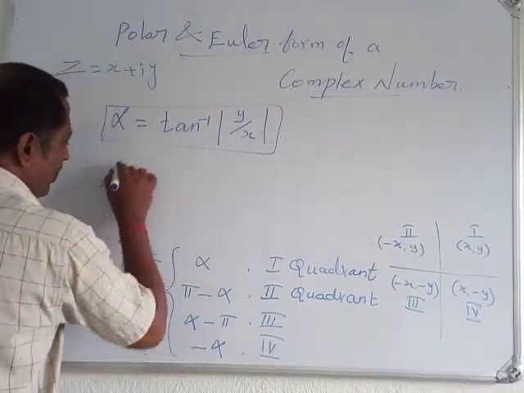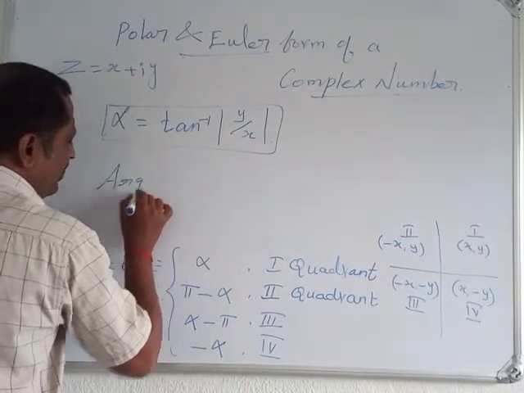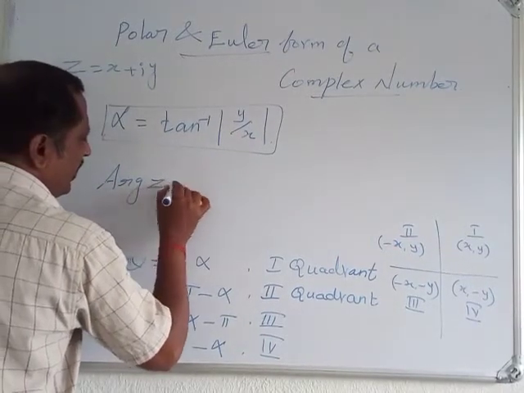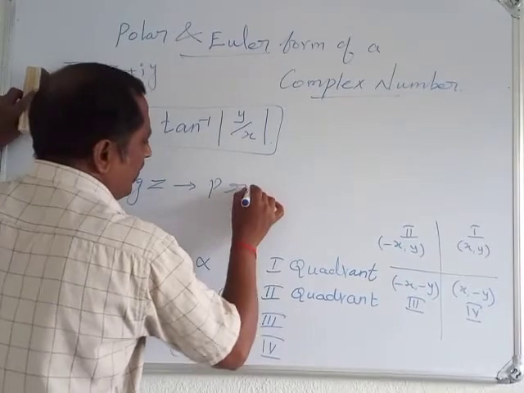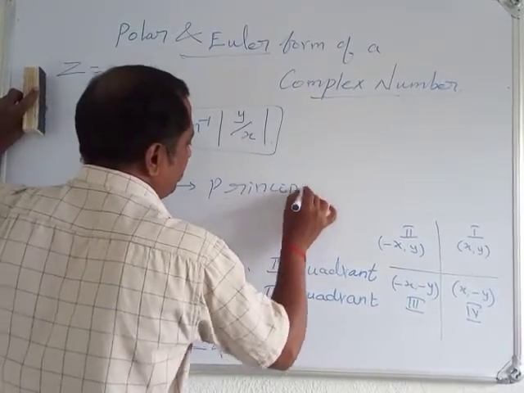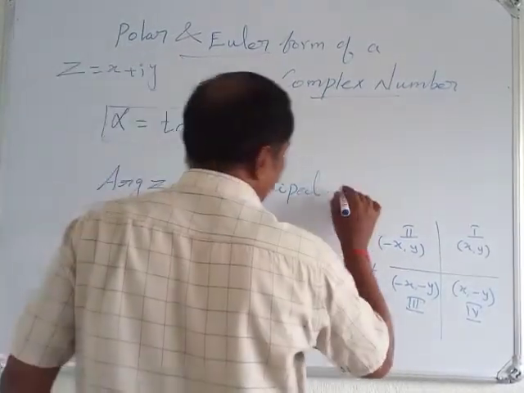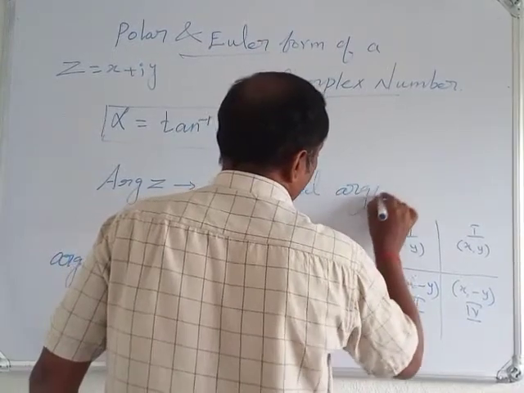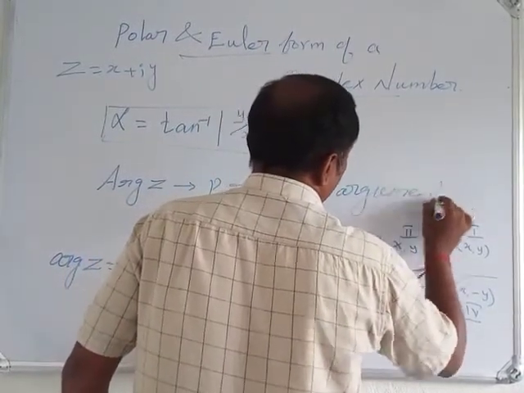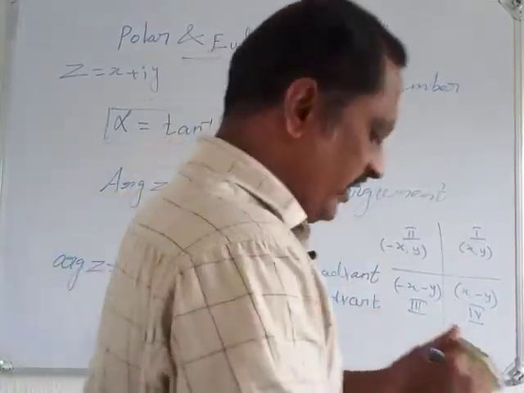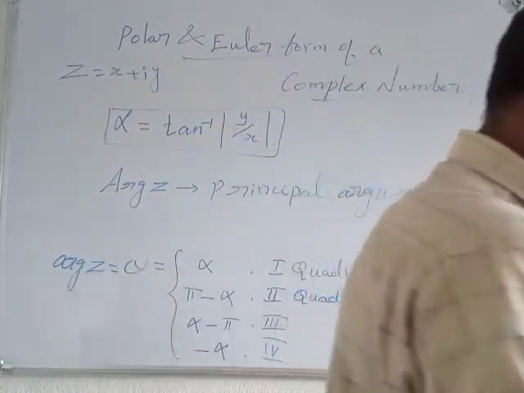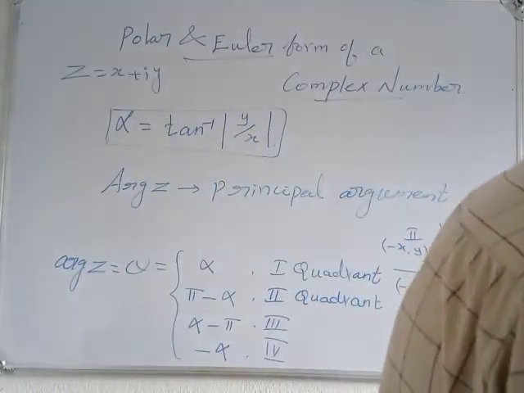There are two arguments. Capital ARG of z is the principal argument value. Right?